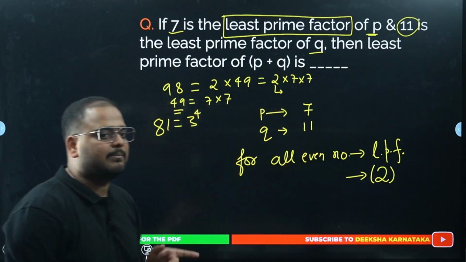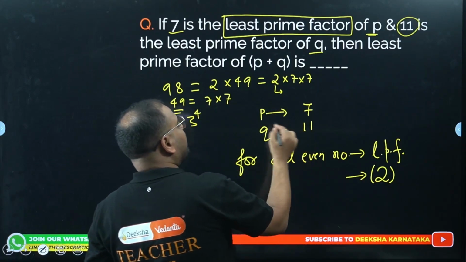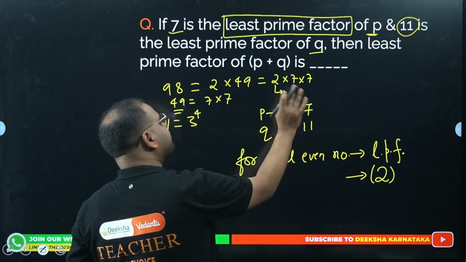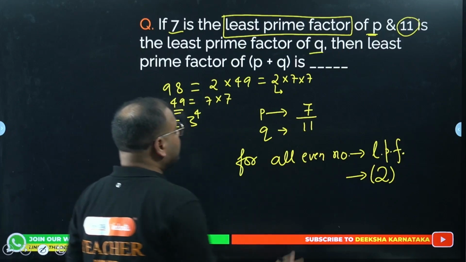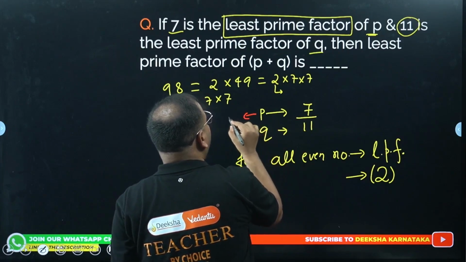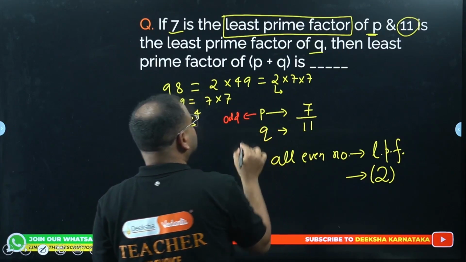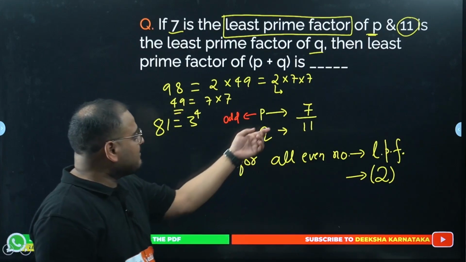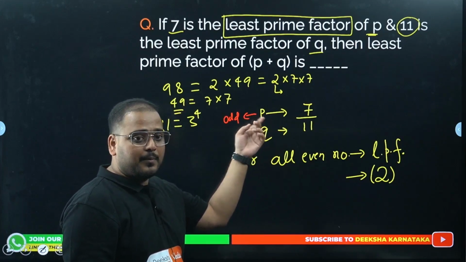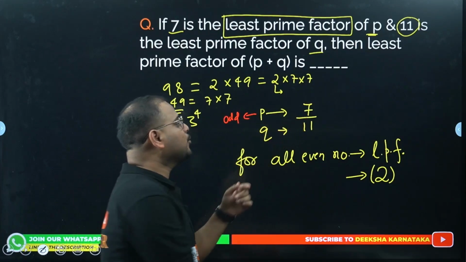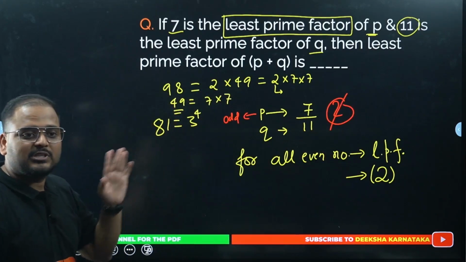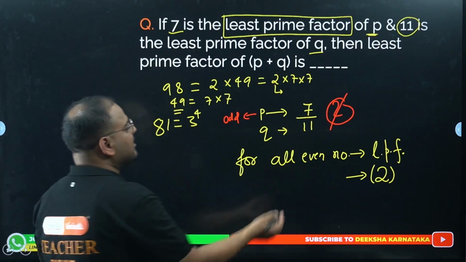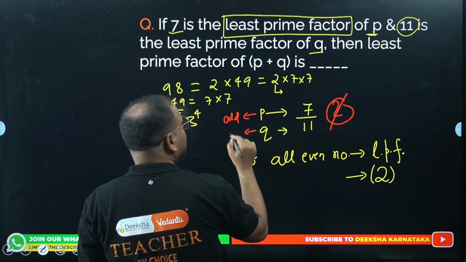So from that concept, let's come back. For a number p, 7 is least prime factor. So it means p is odd. Sir, how? Because for p to be even, the least prime factor would have been 2, right? But 2 is not there, no? So 7 means odd. Same way, 11, so odd.